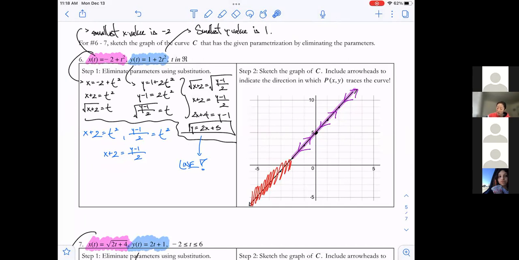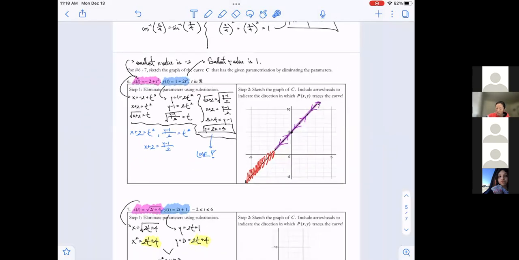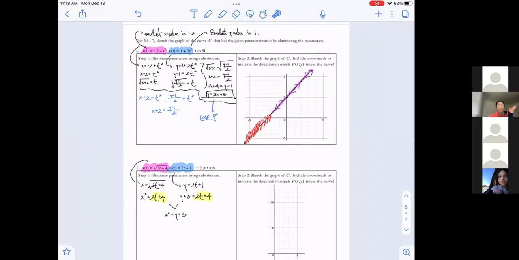Okay. And so I think one thing is really clear. A lot of us have had teachers who've trained us to do very specific methods, right? Like getting all the way down to t equals something so that we can set them equal to each other. And there's nothing wrong with that. It'll always work.